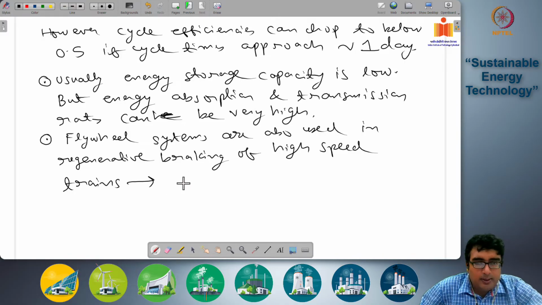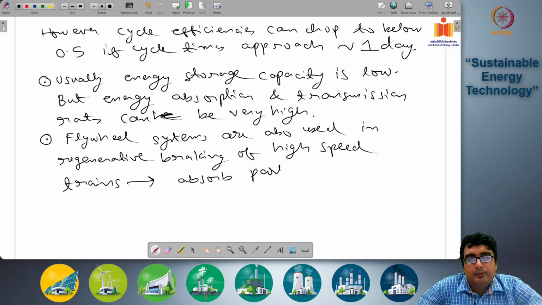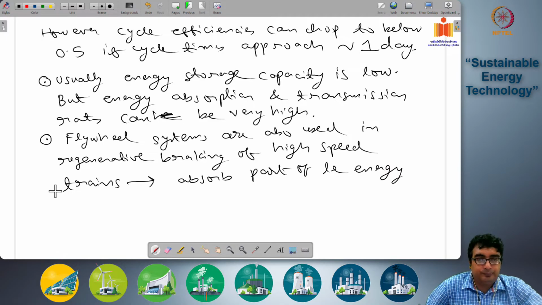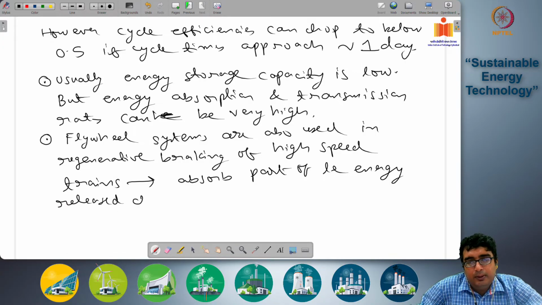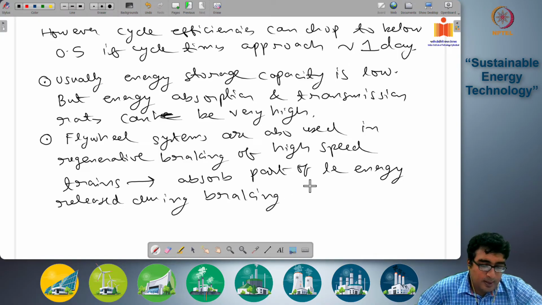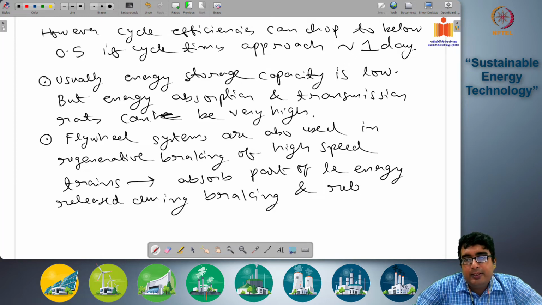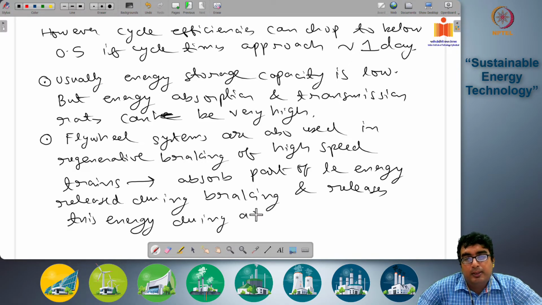So there they absorb part of the energy released during braking and release this energy during acceleration.